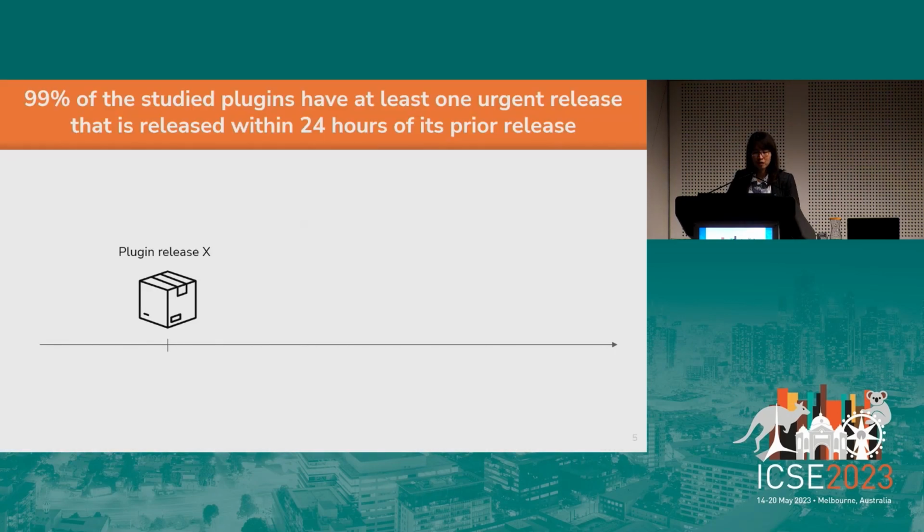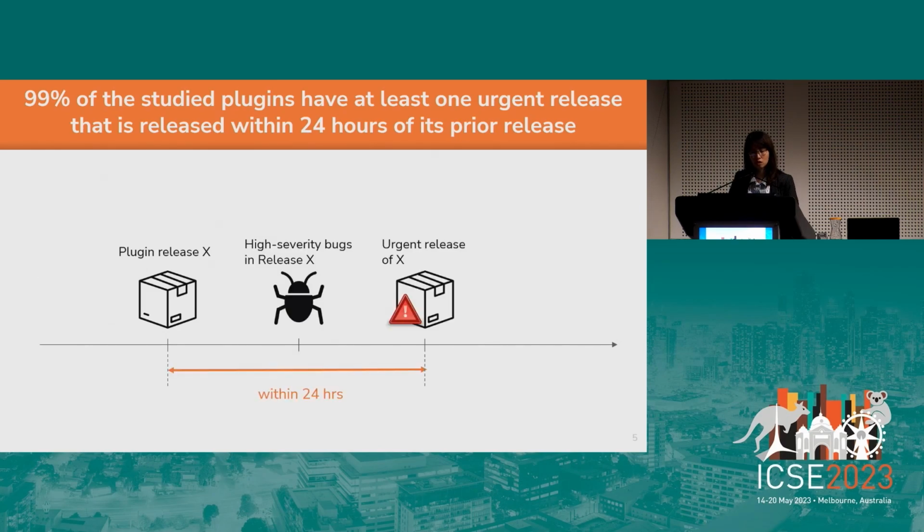However, because of such architecture, 99% of the plugins actually had at least one urgent release that is released within 24 hours of its prior release. And the most common reason for this kind of urgent release is the incompatibility issue between the plugin and platform because of the software system architecture.